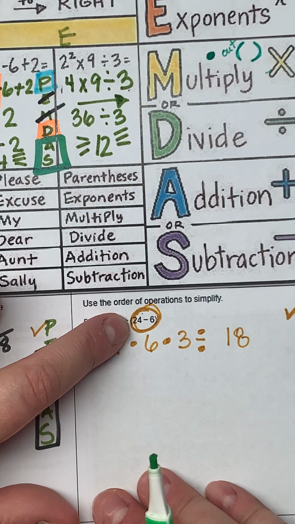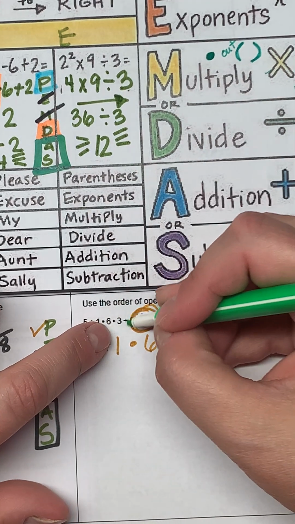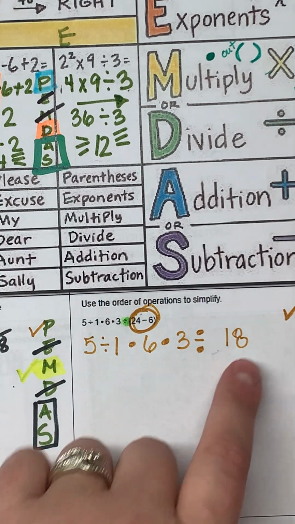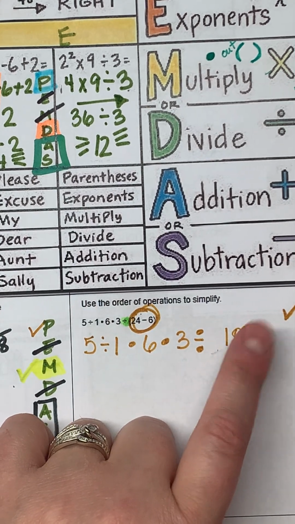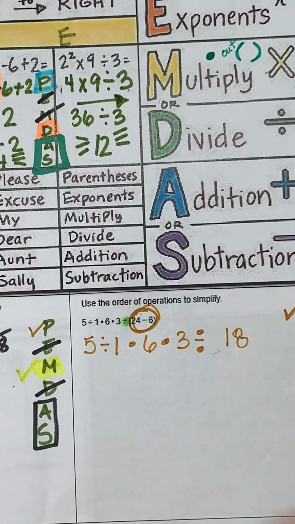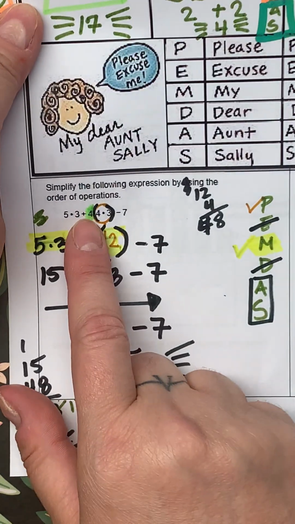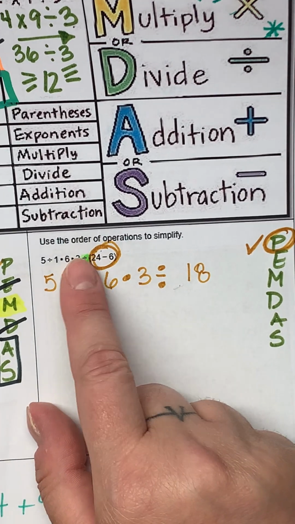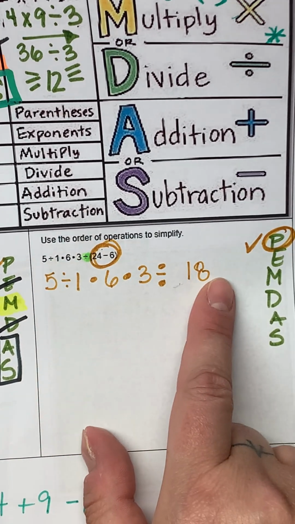Let's look at this one. I have 24 minus 6. What's to the left of the parentheses? Is it a number? Nope, it's a divide sign. So that means we do not have to put the parentheses anymore. So if you still have a number attached to the front of the parentheses, you have to write them down. If you don't, if you just have like a divide sign, then you just write the number.